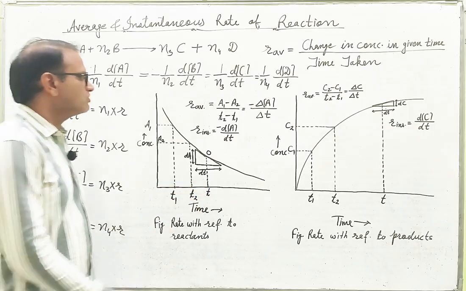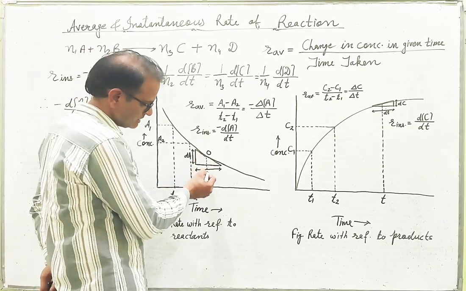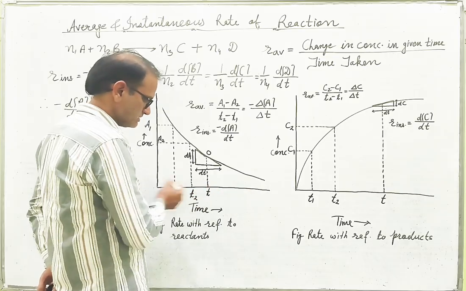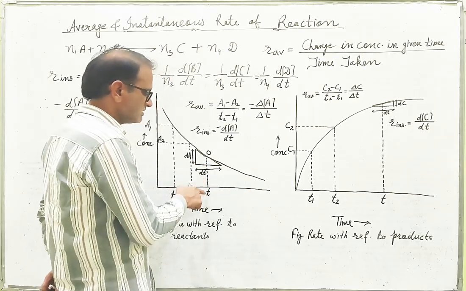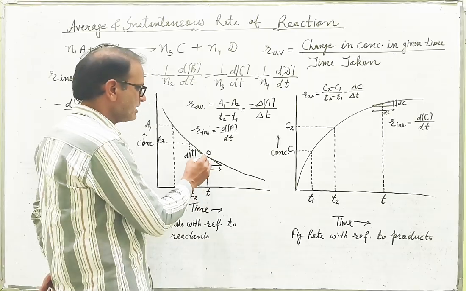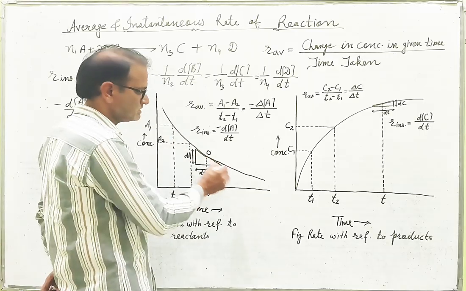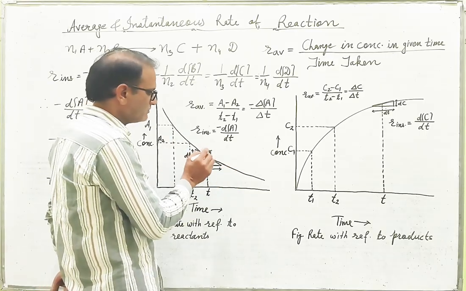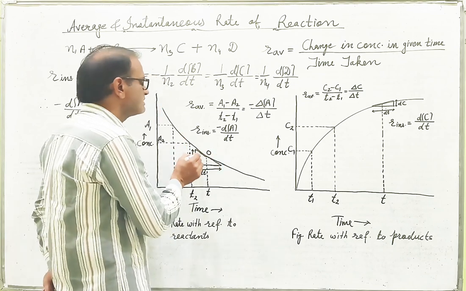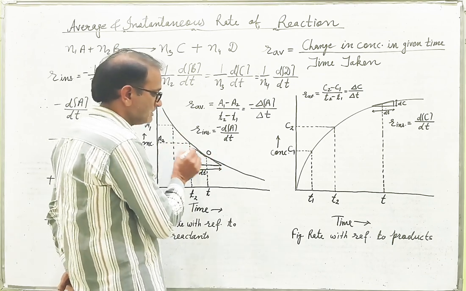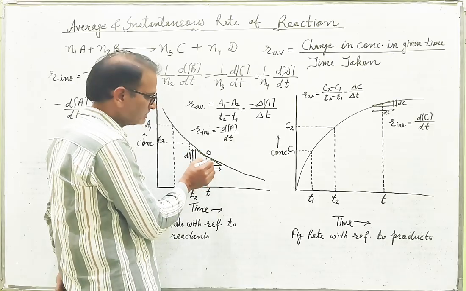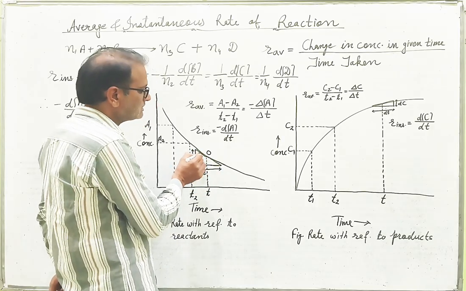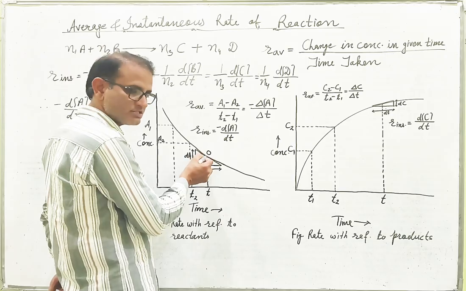Then what should we do? We have drawn this straight line at this time axis, which cuts at time t and at point O over this graph. Then let us plot a tangent over this point, a tangent like this, and that tangent will touch this graph at this point of time.